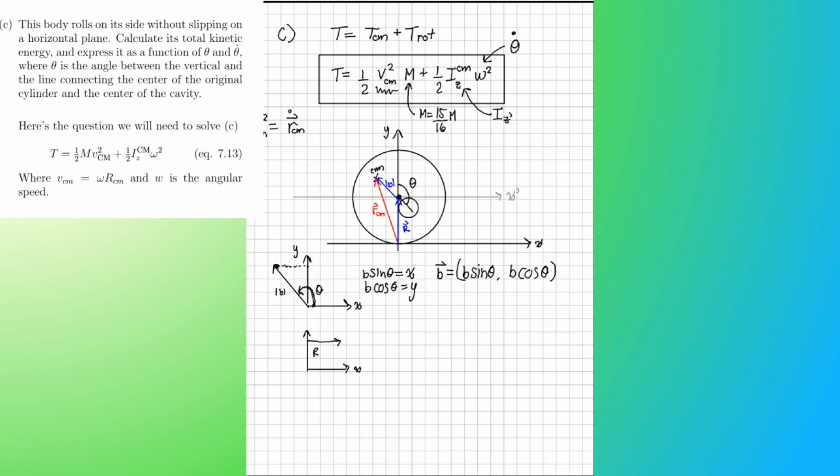So the vector r will be equal to r theta in the x-axis and just r on the y-axis. So the position of the center of mass is equal to vector b plus vector r. It's equal to this.